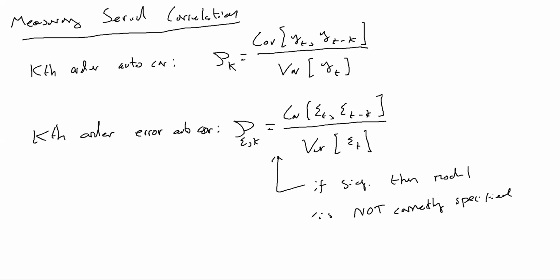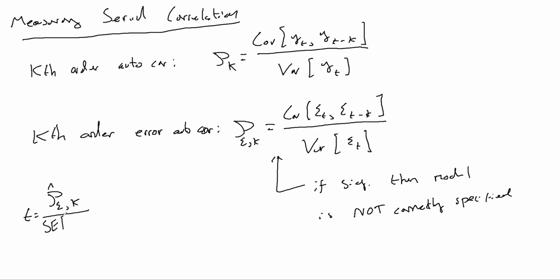So this would mean that there's a problem in the model. So to test for residual autocorrelation with a lag k, you can use a t-test. So it follows a t-distribution. So to test for the significance of this, you would get your estimate for the error autocorrelation, lag of k, divided by the standard error.